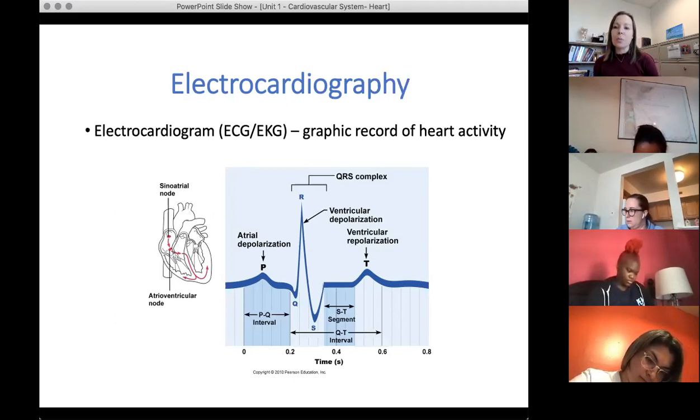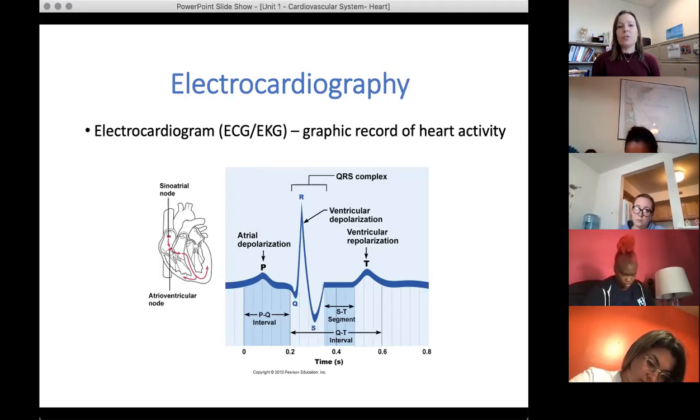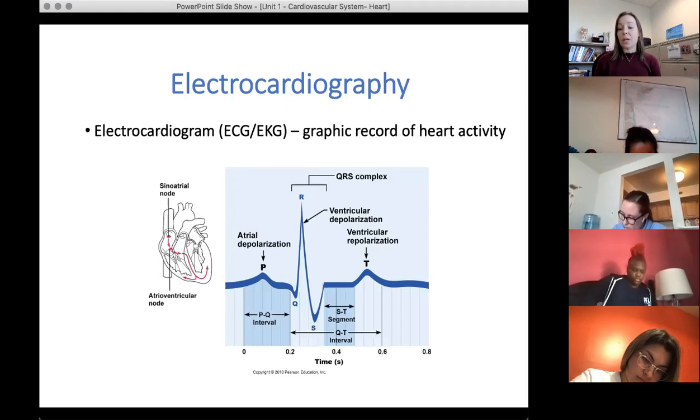But two terms that you will see are systole and diastole. So the term systole refers to contraction. So if you see atrial systole, that means that the atria are contracting. And then the term diastole refers to relaxation.